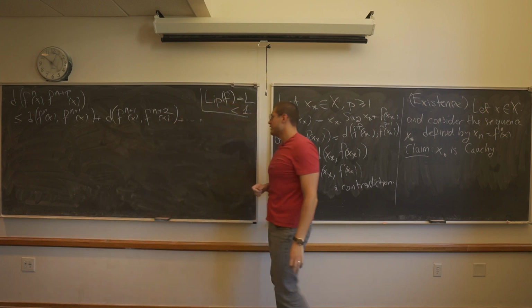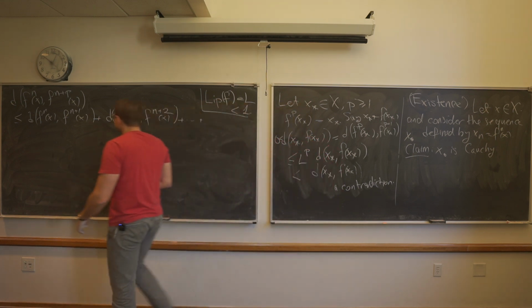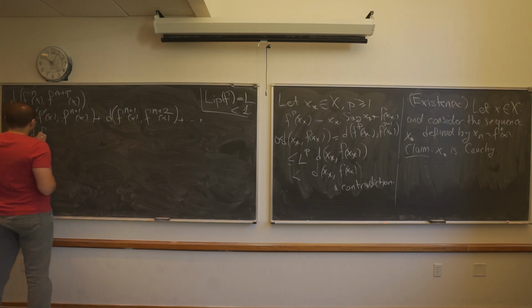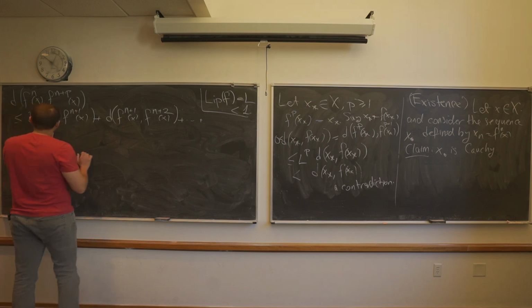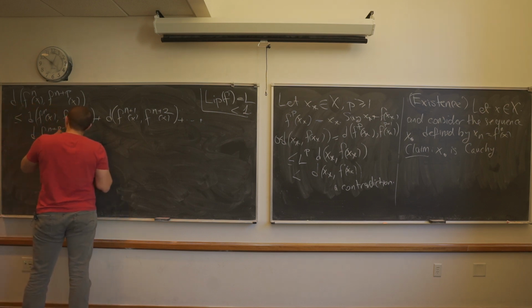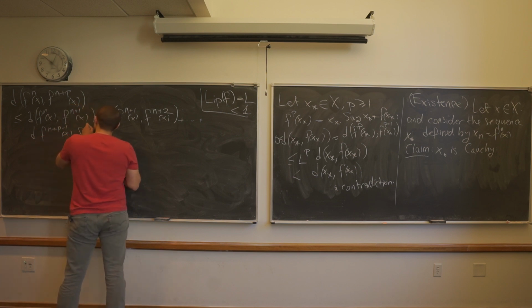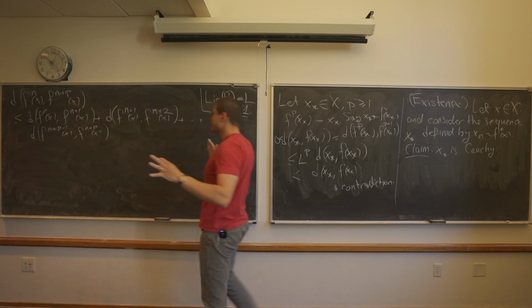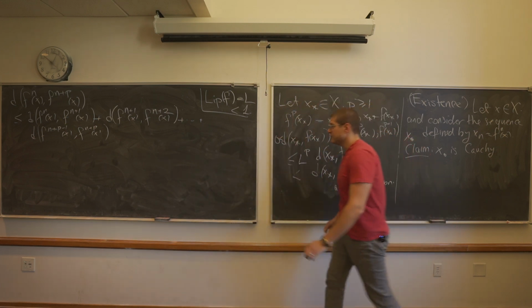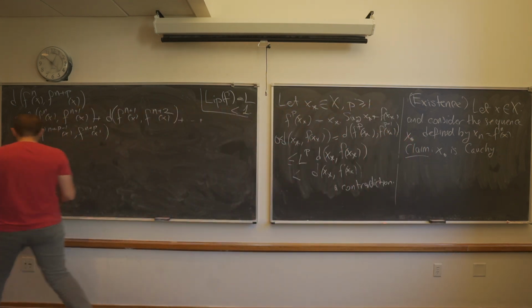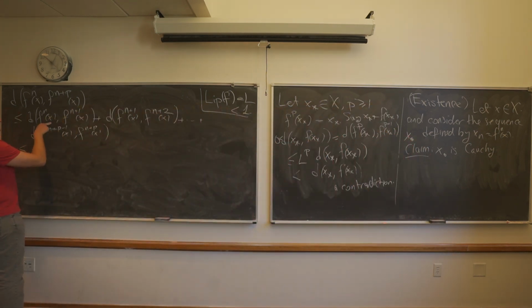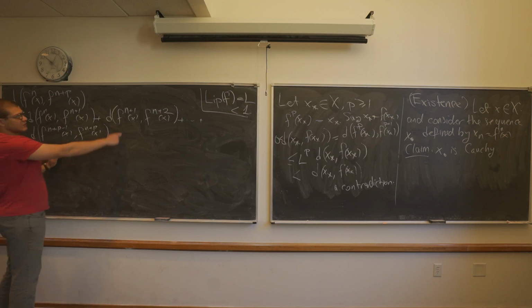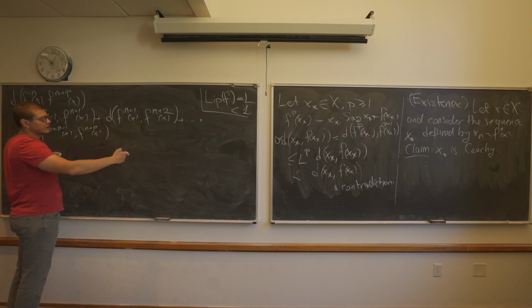And then finally, I have d of f to the n plus p minus 1 of x, comma, f of n plus p of x. Now, to each of these, I can apply the Lipschitz property, and these are going to give me some bounds. So from this, I'm going to have L to the n. From here, I'm going to have L to the n plus 1.